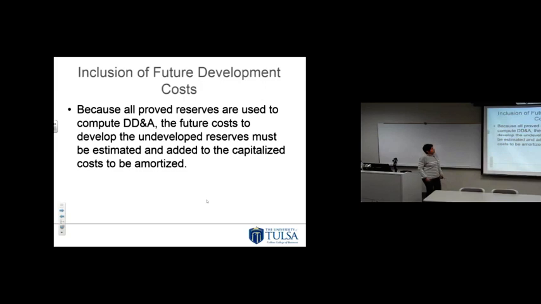And as we said, because all proved reserves are used to compute DD&A, or proved and probable, sometimes internationally, the future cost to develop those undeveloped proved reserves must be estimated and added to the capitalized cost to be amortized to get a better matching. So here's my proved reserves. If some of them are still undeveloped, how much is it going to cost me to develop them?